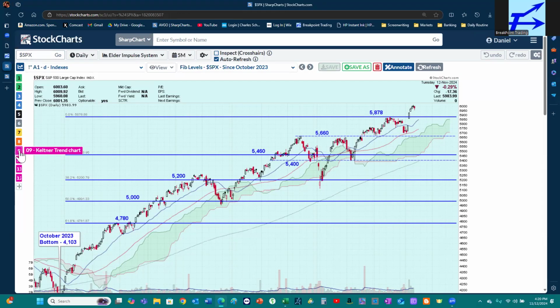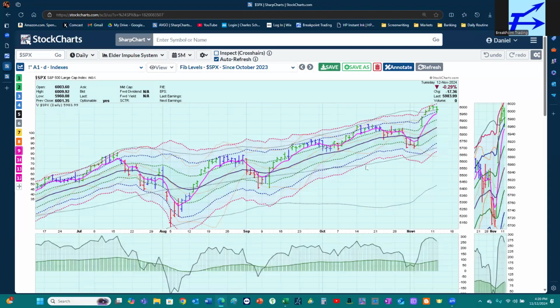The Keltner channel essentially uses the average true range, or the ATR, the average range that a stock or security will trade in during a particular period. We're looking at a daily chart, so it's the amount that it trades in a single day.